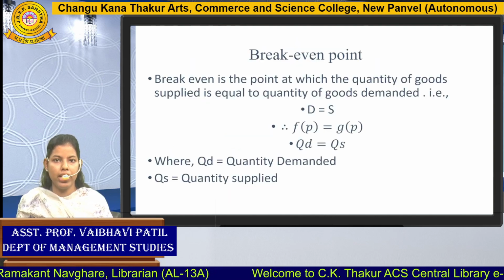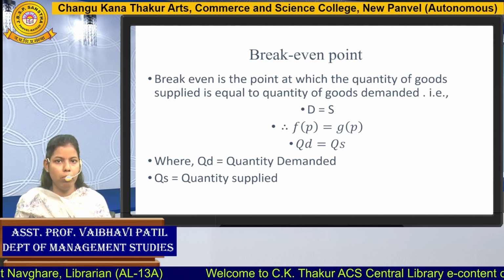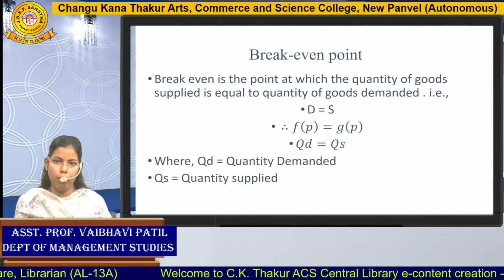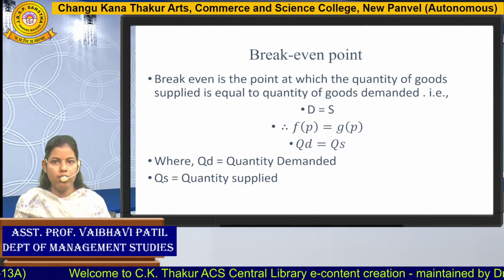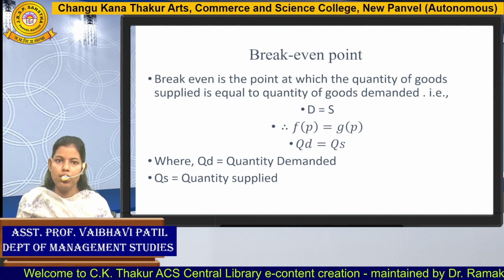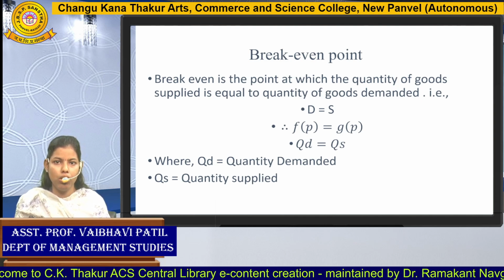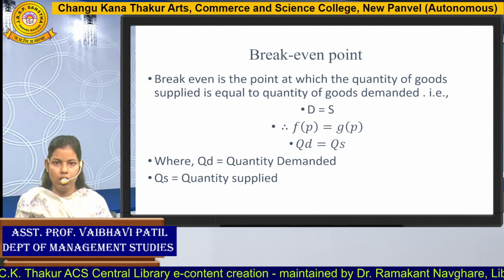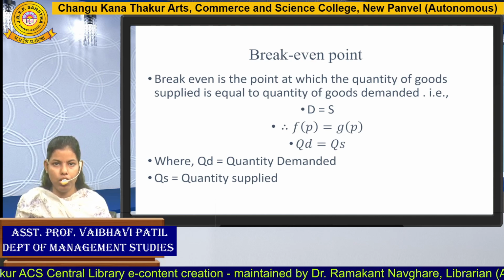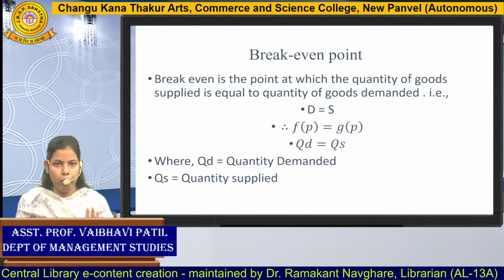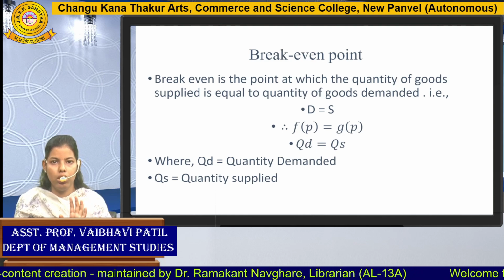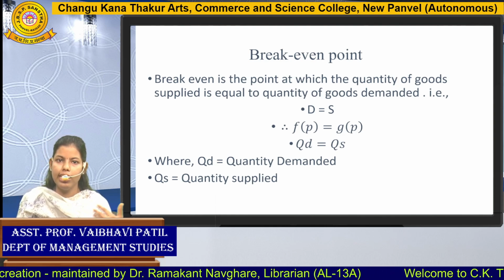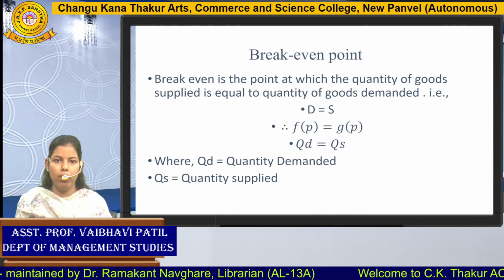Now the next point is the break even point. The break even point is the point where demand and supply are both equal. That is, the break even point is the point at which the quantity of a good supplied is equal to the quantity of the good demanded. That is, D equal to S. We know the functions of demand and supply, f(p) equal to g(p), which is also known as Qd equal to Qs, where Qd is quantity demanded and Qs is quantity supplied.